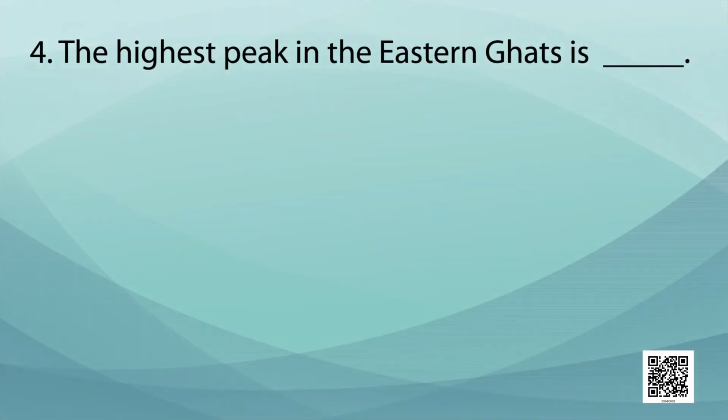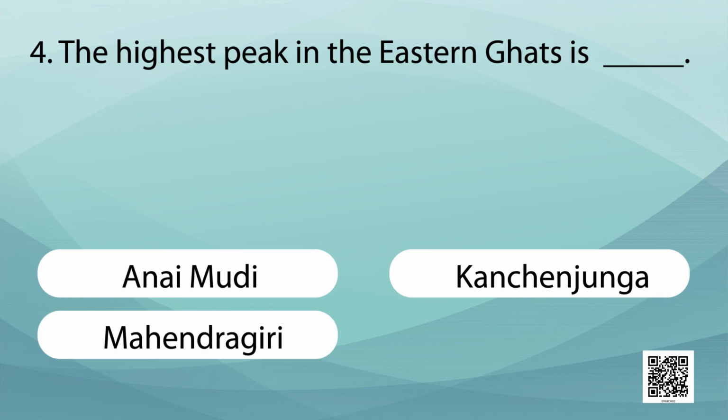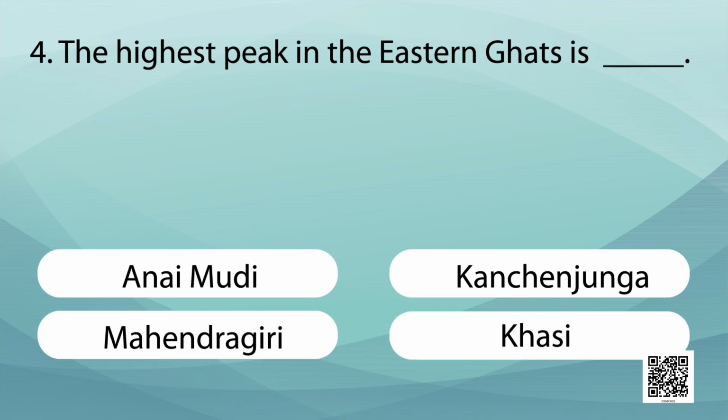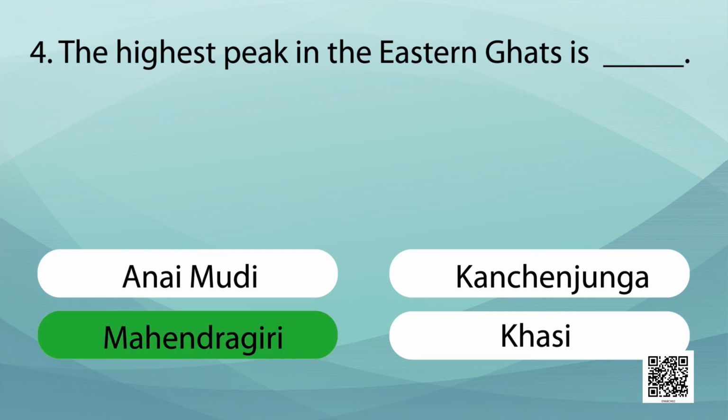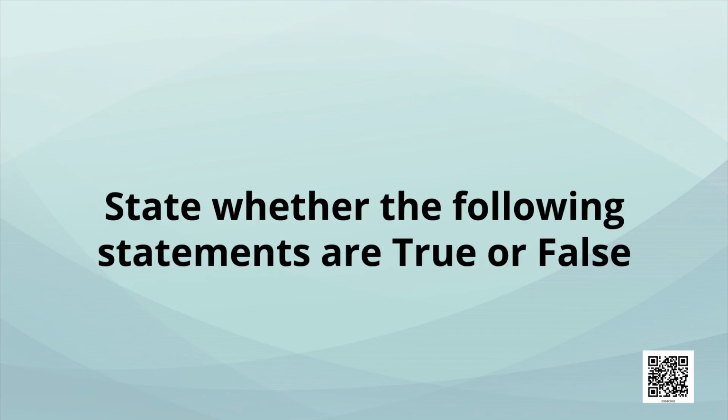Now the last question. The highest peak in the Eastern Ghats is, and the options are Anaimudi, Kanchenjunga, Mahendragiri or Khasi? Yes, the correct option is Mahendragiri. Children, now we have some sentences and you have to tell whether these sentences are true or false.